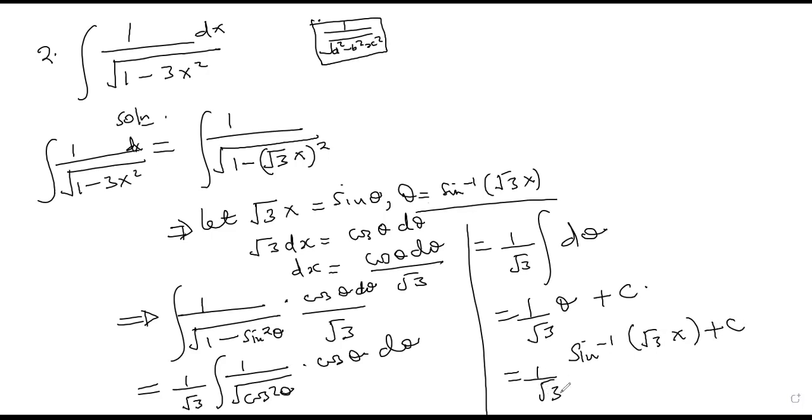But to be mathematical, you can rationalize this by multiplying root 3 up and down, so that your answer becomes root 3 over 3 sine inverse of root 3x plus a constant of integration. As simple as that.